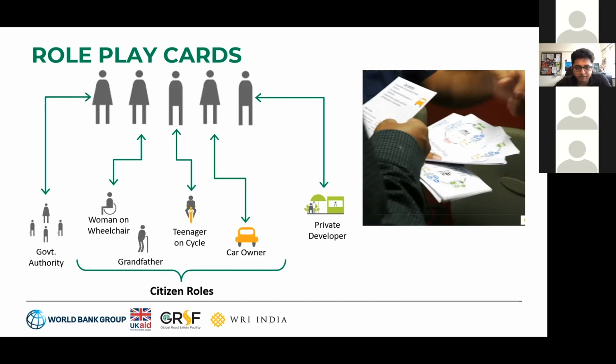And finally, we have the private developer, who tends to be inclined towards development and also making profits. So these roles represent different classes of people in a given station area or neighborhood, and we will be looking at this activity through the lens of these roles. Next slide, Abhishek.